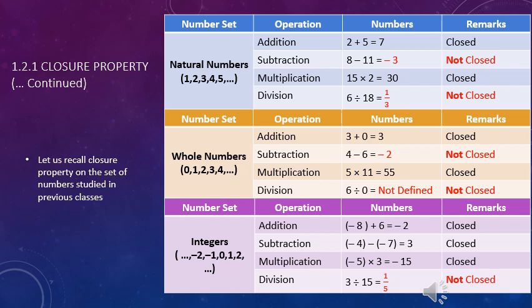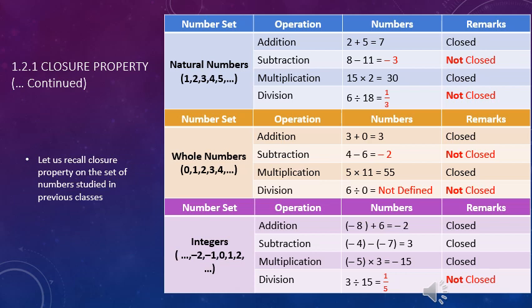Similarly, when we apply closure property on integers, we see here that for addition it is closed, for subtraction also it is closed, multiplication also it is closed, but for division it is not closed.